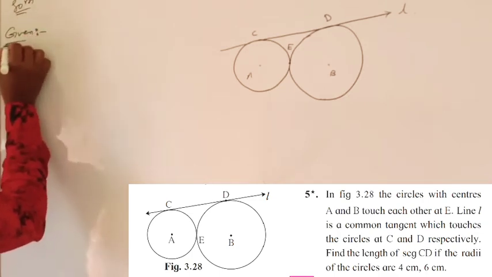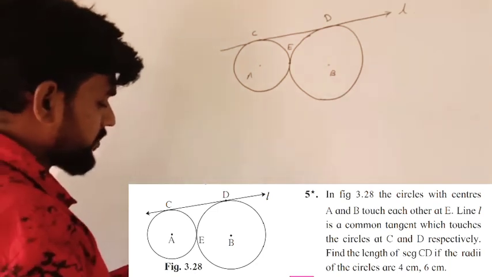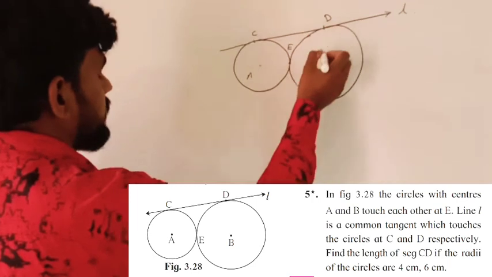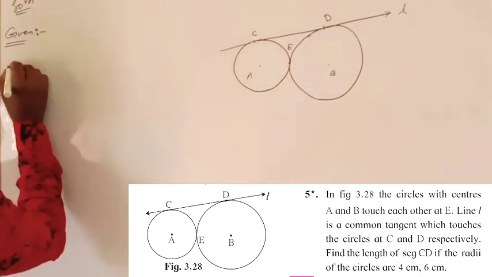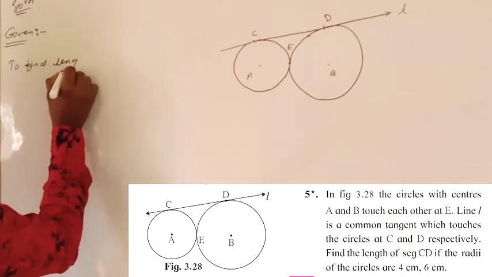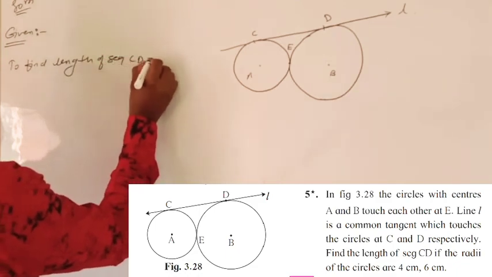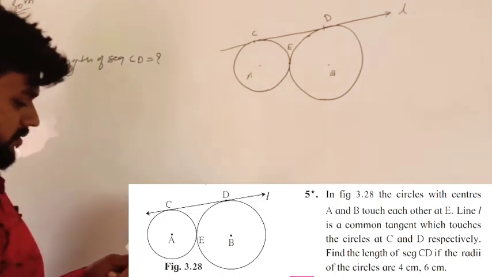Line L touches the circles at C and D respectively. Find the length of segment CD, that means this distance, the length of CD.